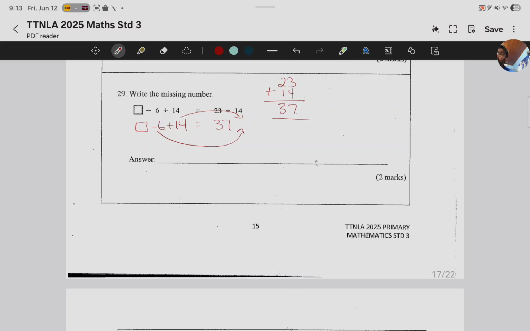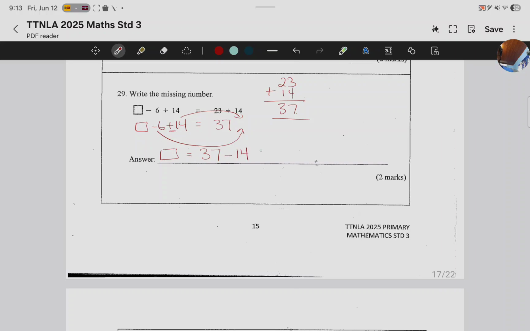Alright. Basically we are trying to remove those numbers. And to remove those numbers, we just do the opposite operation of them. So let's say, we have the box now would be equal to 37. Take away, so when I carry across the plus 14, it now becomes subtract 14.